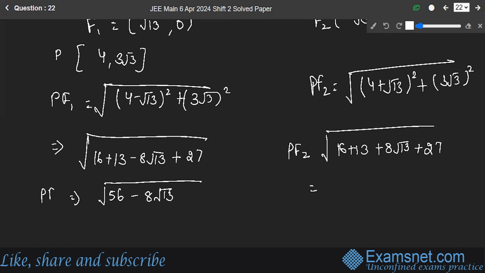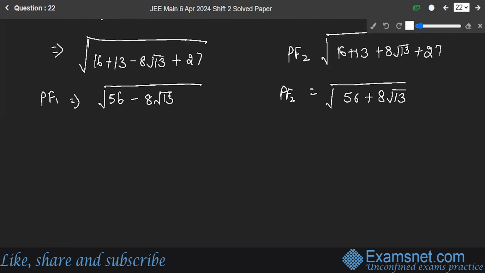This is your PF1 and PF2. This is 56 plus 8 root 13. You have to find m, the product of these focal distances.